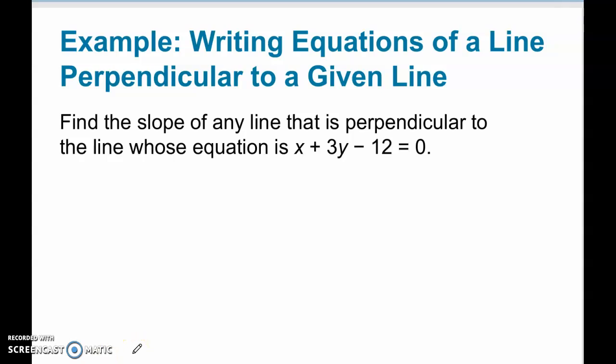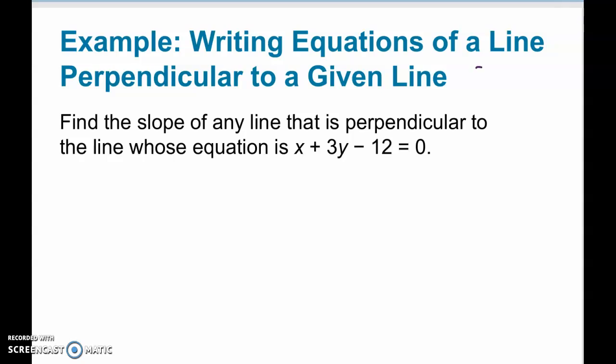So we are continuing in section 1.5, and we just talked about the slopes of parallel lines and the slopes of perpendicular lines. Parallel lines have the same slope, whereas perpendicular lines have what are called negative reciprocal slopes. When you multiply the two lines' slopes together, you will end up with -1.